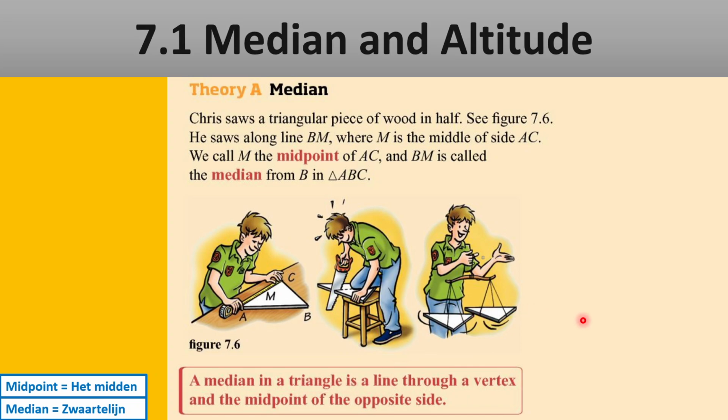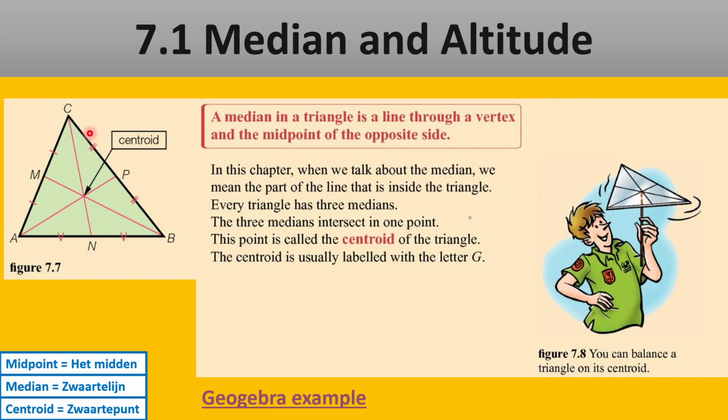So if I'm now going to take a look at the next slide, here there is a triangle ABC. And you can see that there are three different medians that I can construct. One median that starts in C, one median that starts in B, and one median that starts in A. Because it always goes through a vertex. Hij gaat altijd door een hoekpunt. En er zijn 3 hoekpunten in een driehoek.